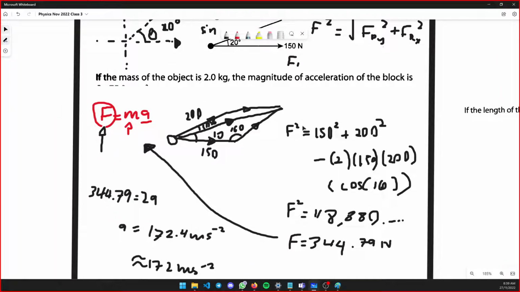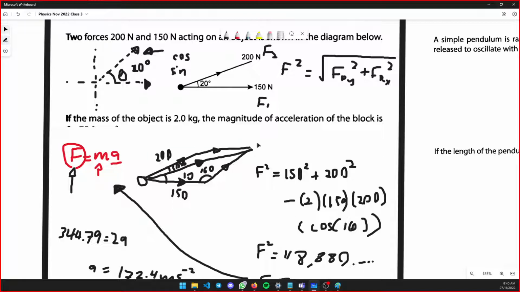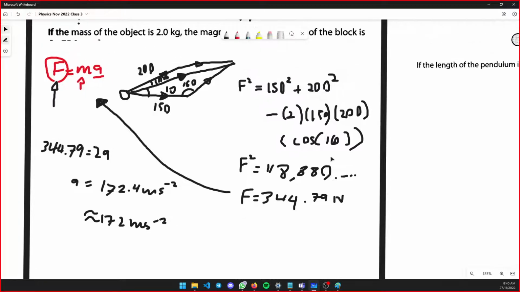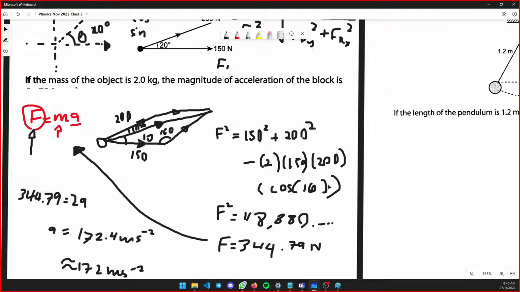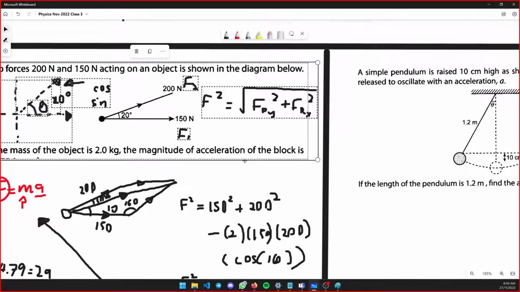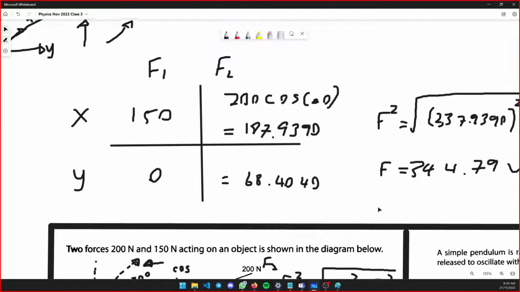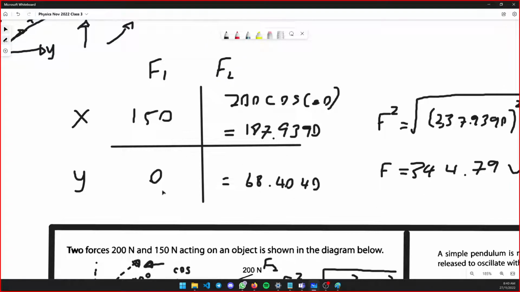Even if you don't use this, I recommend using the parallelogram method because you find the answer faster. Use all these values together, and then you already know this much. But let's say you're a bit slow with your calculations, or you're a novice calculator user, so inputting all of this takes a bit of time.